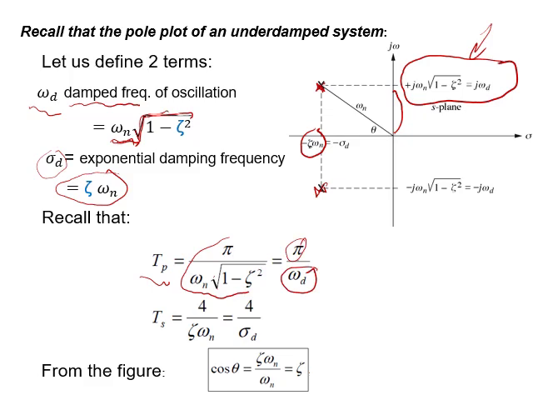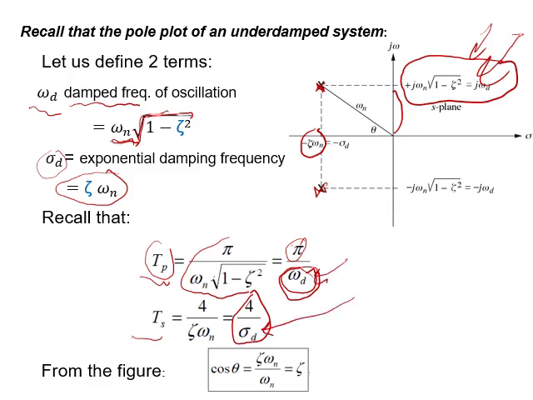So now I know that TP equals pi over omega d, and TS equals 4 over zeta omega n, which means we can calculate TS as 4 over sigma d. Remember, this is the imaginary and this is the real part of the value of S.